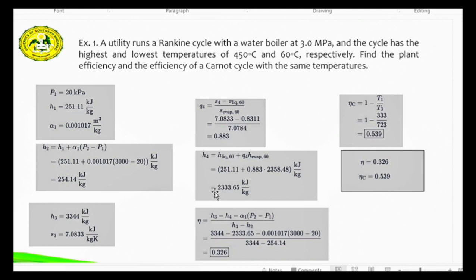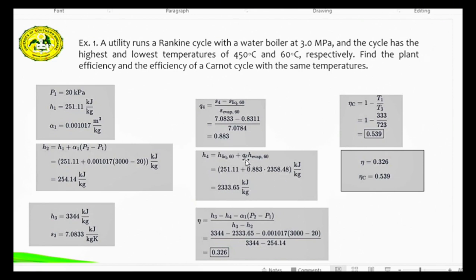So by plugging in what we have, the enthalpy at state 4 is equal to the enthalpy of liquid at 60, which is 251.18, which is correct, plus 0.883, which is our quality at state 4, multiplied by our enthalpy of evaporation at 60 degrees Celsius, which is 2358, which is correct, 2358 or 2357.7, converted to 2358 kilojoule per kilogram.